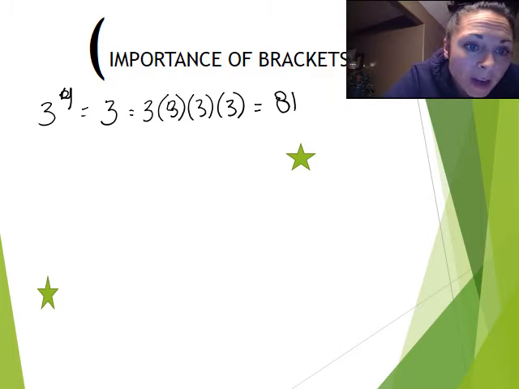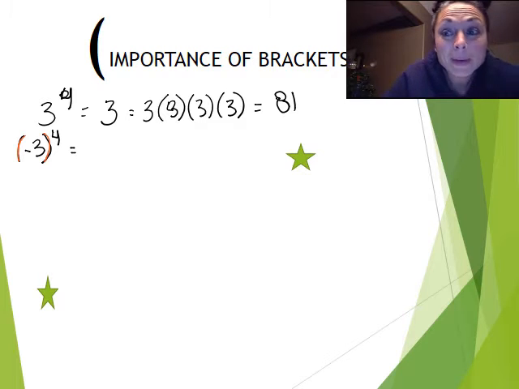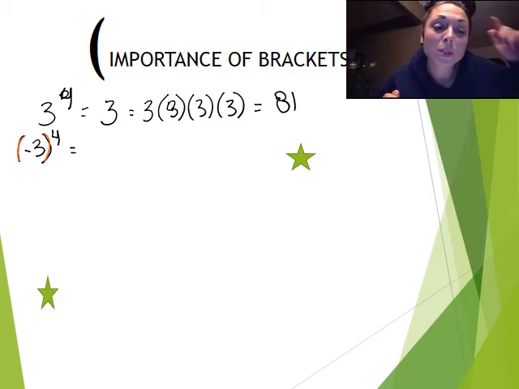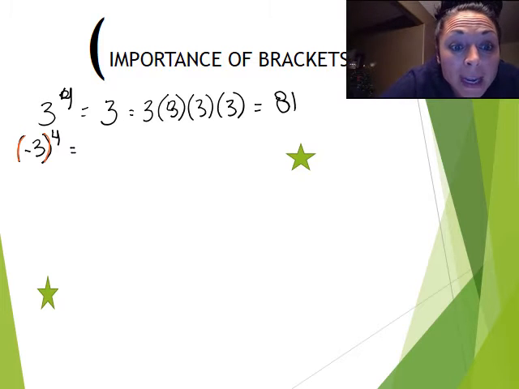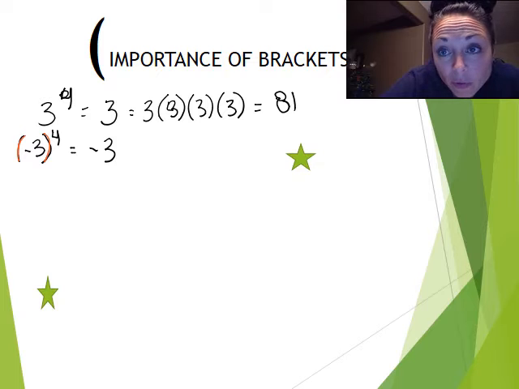All right, but if I go (negative 3) to the power of 4, these brackets mean everything in here belongs to that power of 4. So your base now becomes a negative 3.